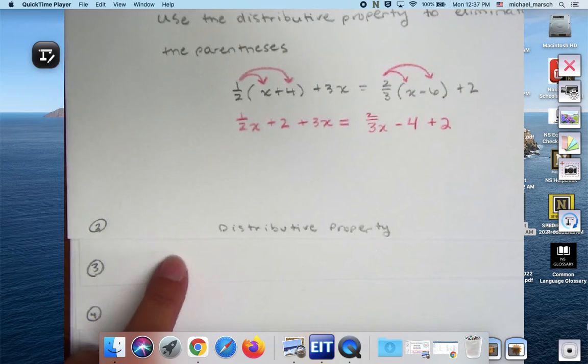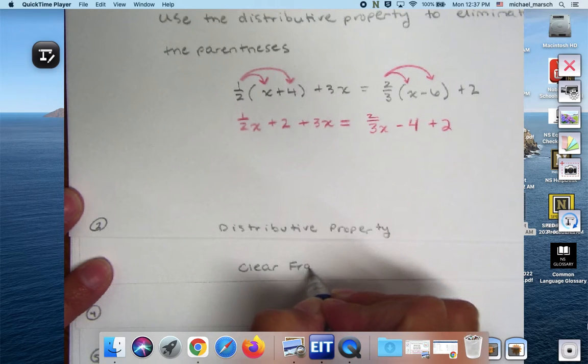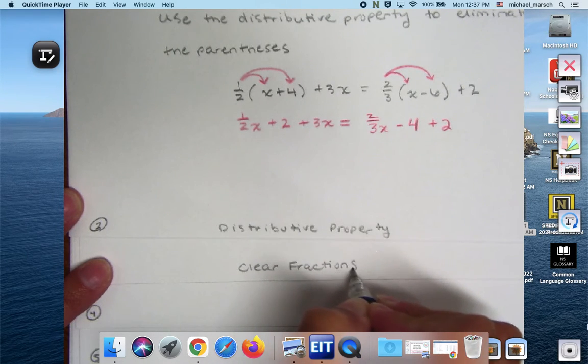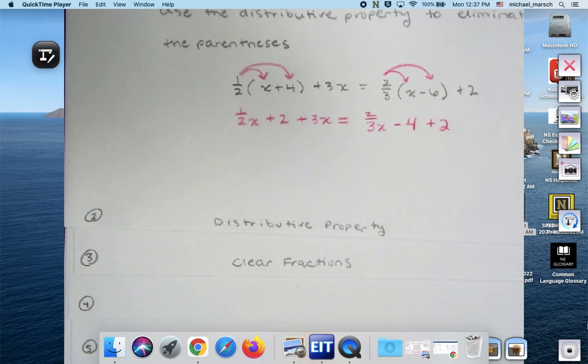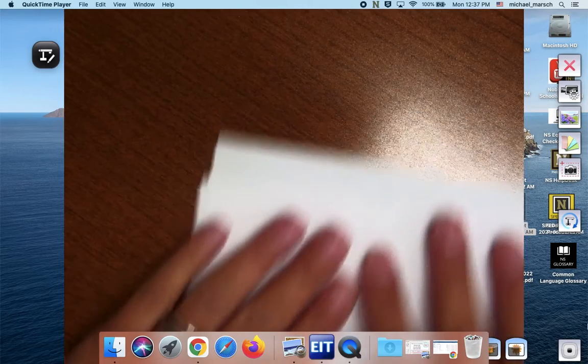For our third tab, we're going to write clear fractions. Don't flip anything yet, just write clear fractions on that where it says number 3. Okay, so now we're going to flip, and we're going to write up here on the top.